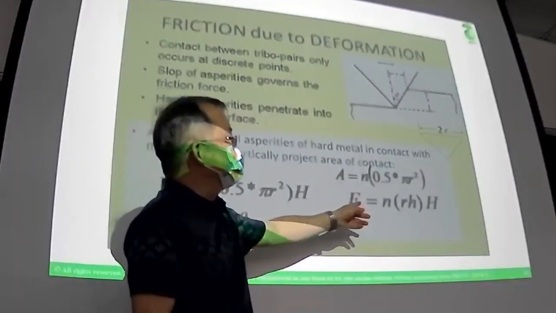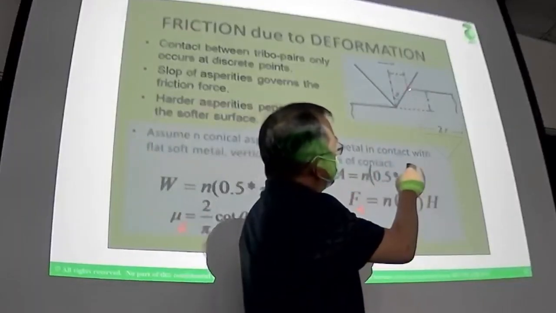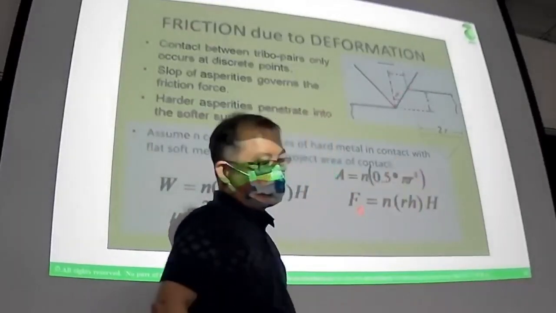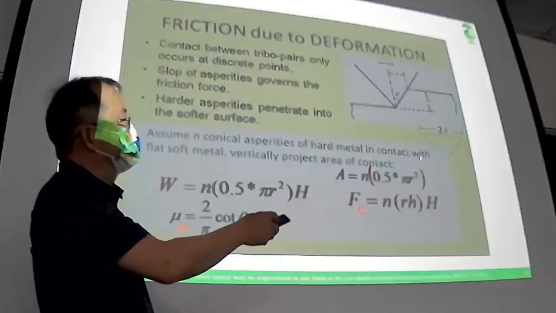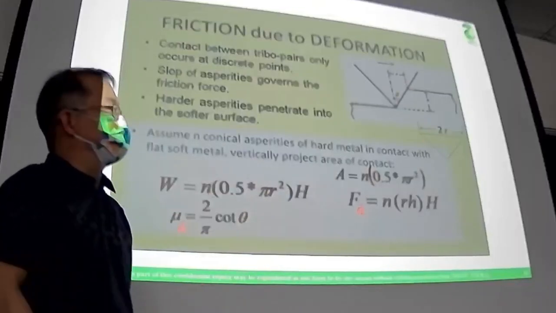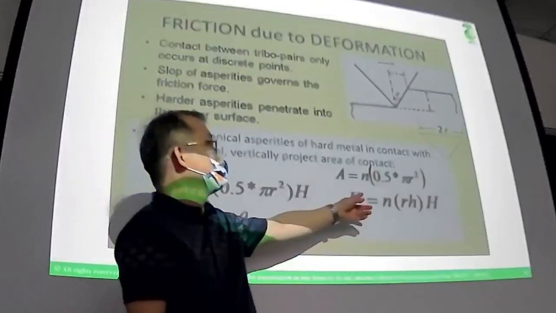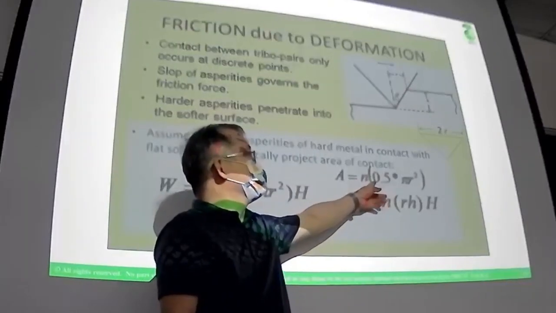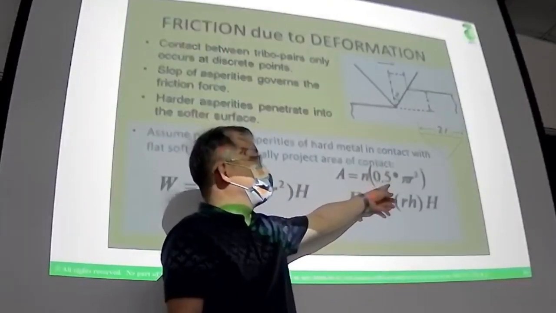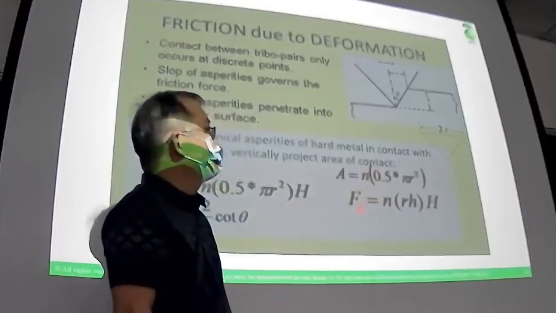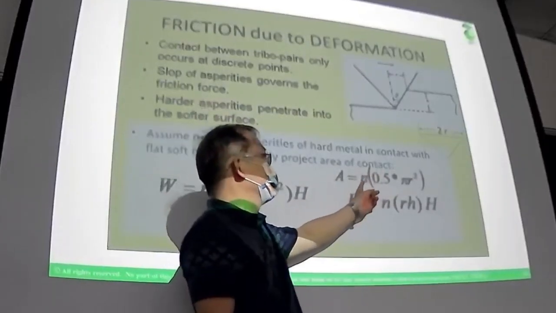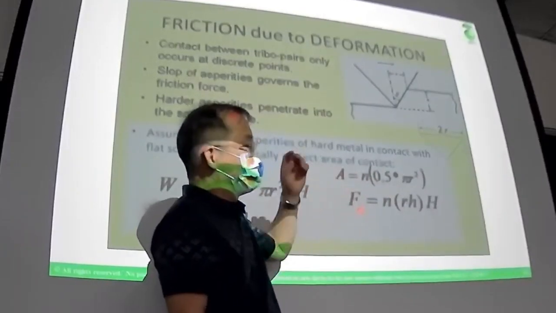This is the surface area from the conical asperity, so it's 1/2 of pi r squared. We have n contacting points. This is the total contacting area.